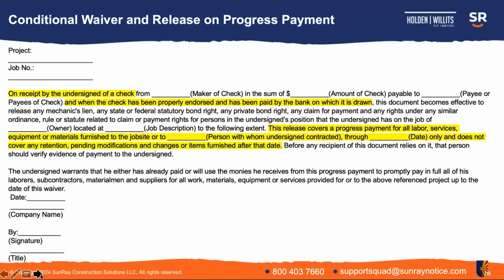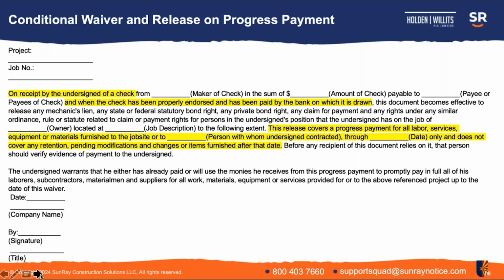So first point on this is that, again, this is saying that upon receipt of the check and confirmation that the check has cleared, this document then operates as a waiver to release lien rights.